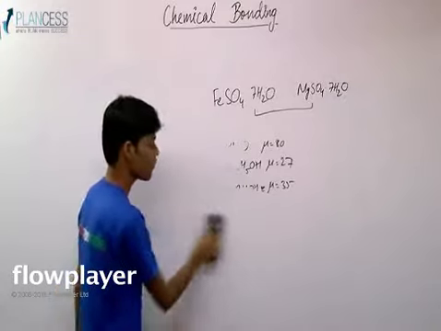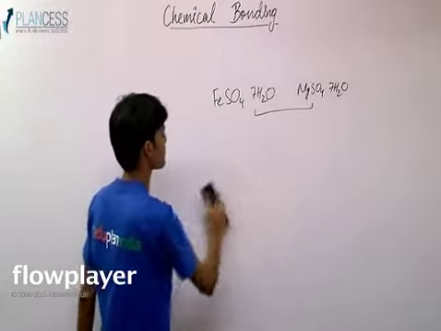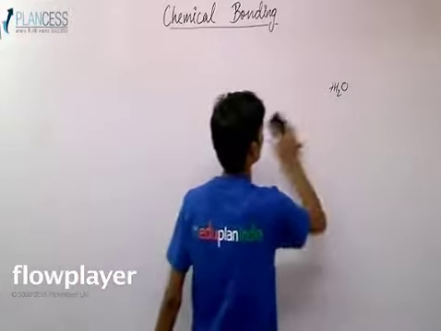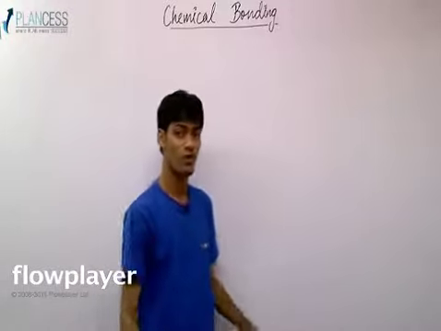When we go down the group, because of the increase in size, the lattice energy decreases, because the more compact the atom or molecule is, the more its lattice energy.